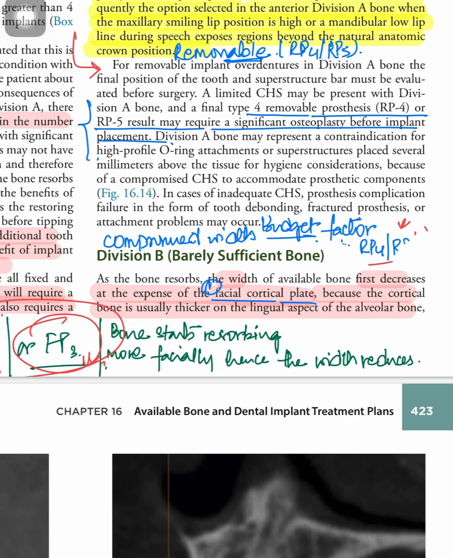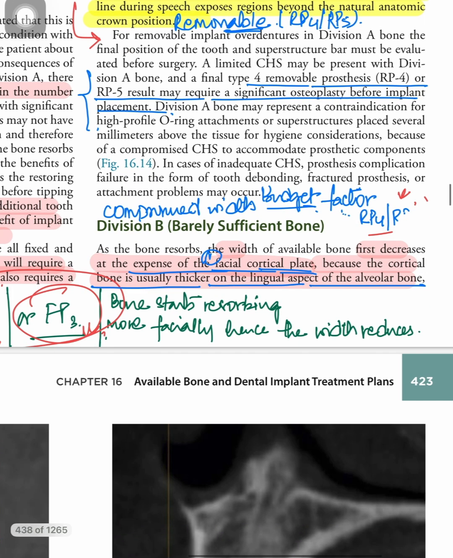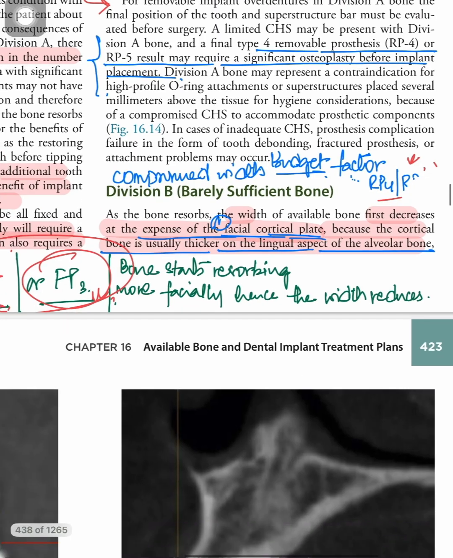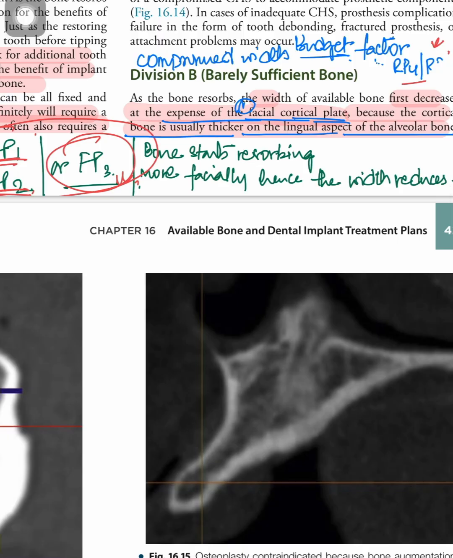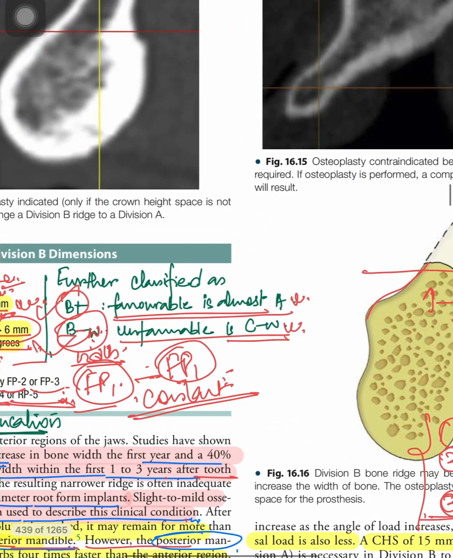We all know that bone resorption starts at the expense of the facial cortical plates, because the cortical bone is usually thicker on the lingual aspect of the alveolar bone. So bone resorption starts taking place, the bone starts losing its width, and it makes the bone less suitable for placement of an endosteal implant.